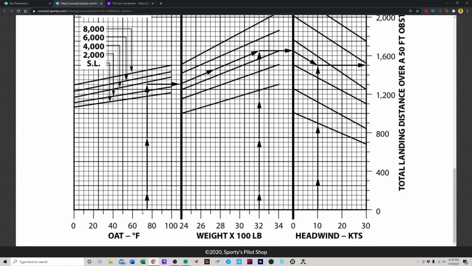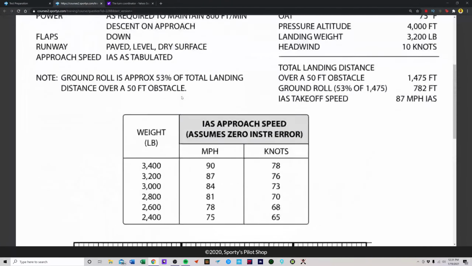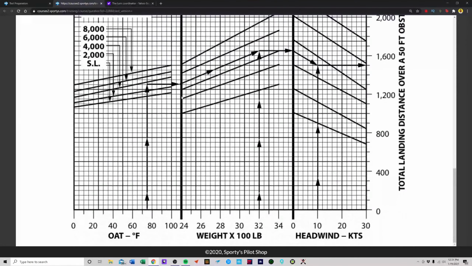So we go to 70, sea level. We go up to sea level and across. 3,400, did I say? I think I said 3,400. Yeah, I did. I'm going down. Perfect, right there.